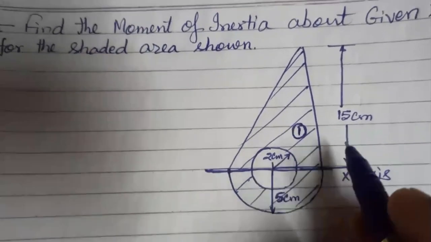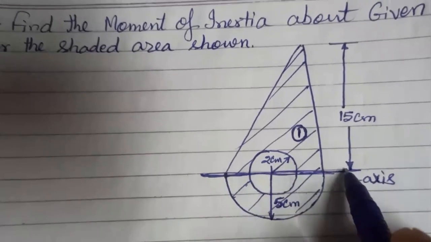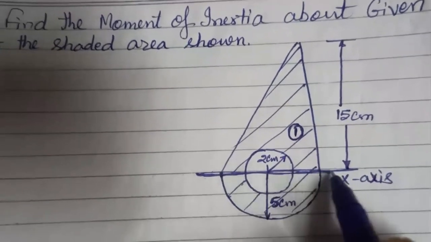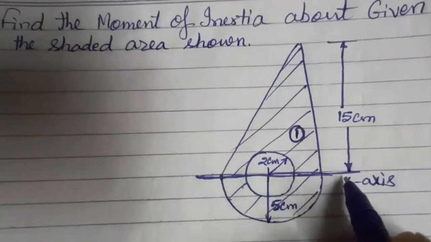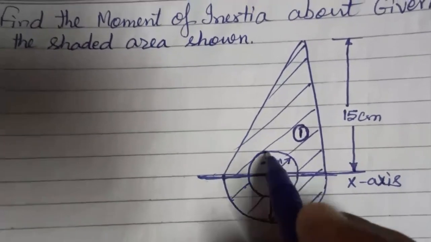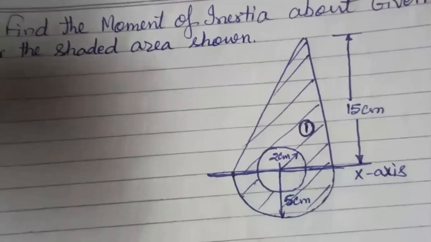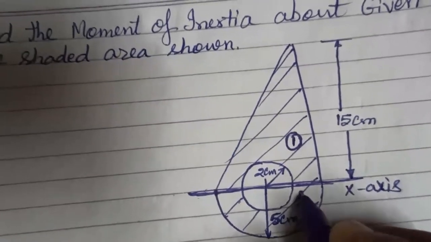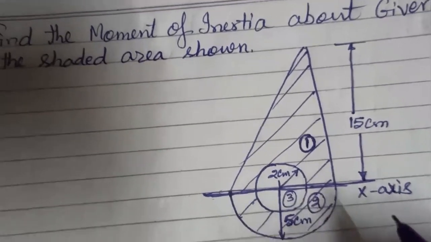So now we find the moment of inertia of this triangle about this x-axis, this baseline, and about this diametral axis for the semicircle, and about this diametral axis for the whole circle. The first part is the triangle, the second is the semicircle, and the circle is the third.